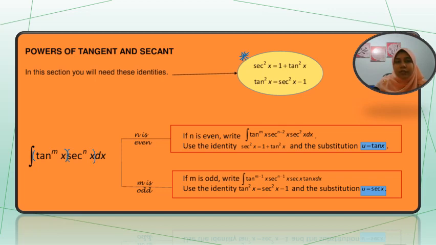Okay, first we look at if n is an even number. If n is even, we have to write this function into this form. We split up the secant x power of n with secant square x, and then secant to the power of n minus 1.